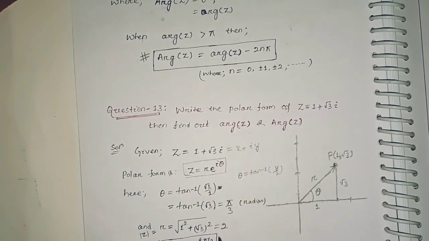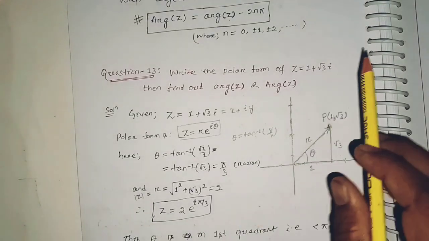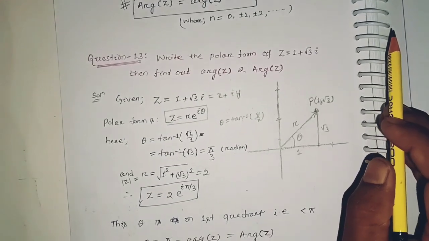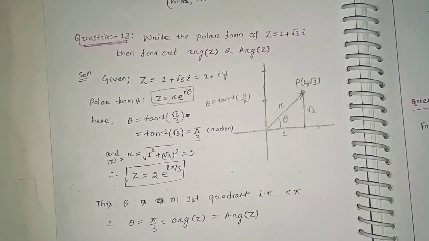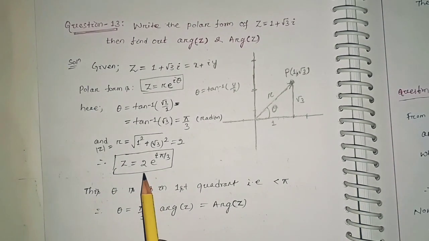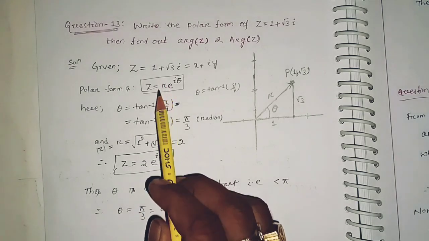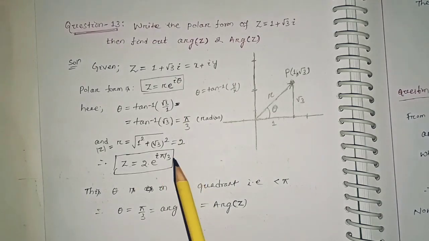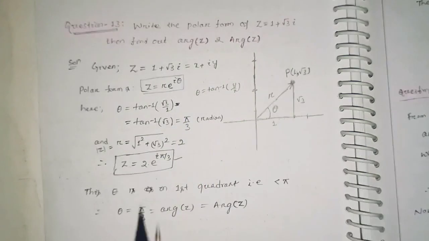So here y is root 3 and x is 1, so root 3 by 1, tan inverse root 3, that is pi by 3. So for this complex number the polar form will be Z equal to 2, r is 2, into e to the power i theta, theta is pi by 3. So this is the polar form of this complex number.